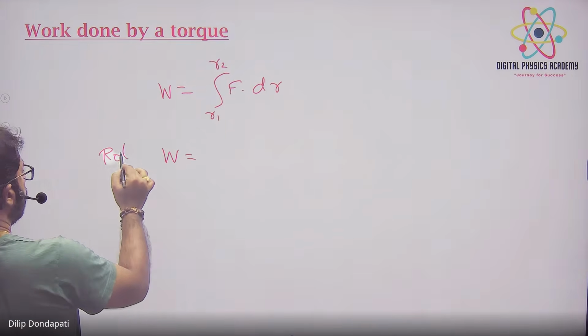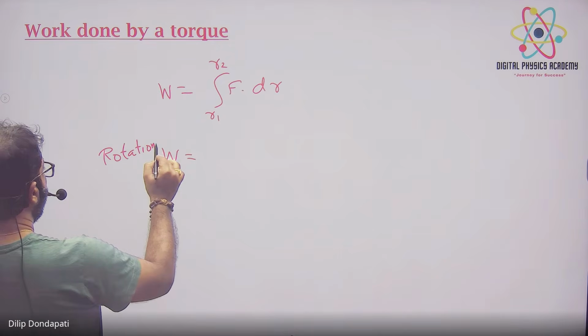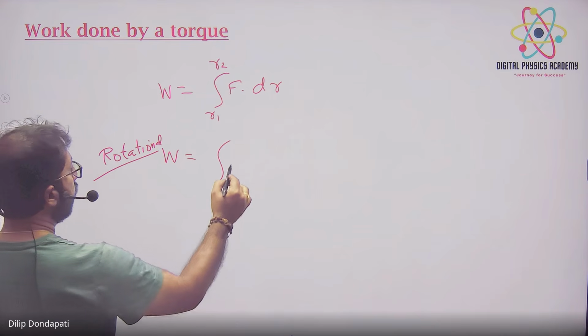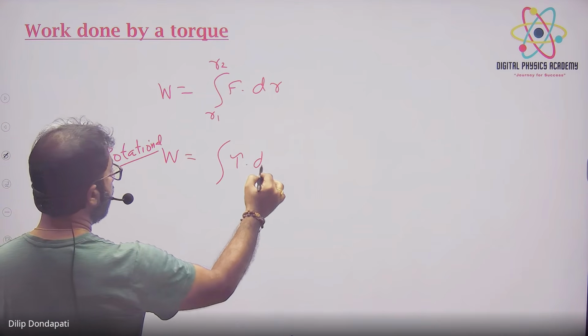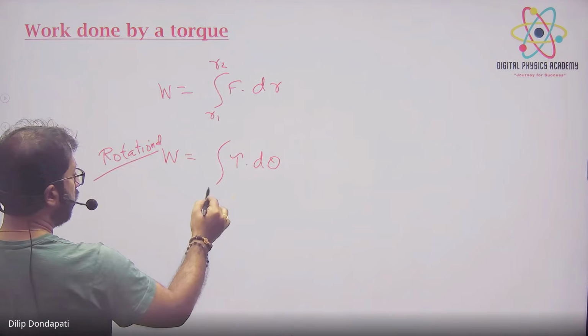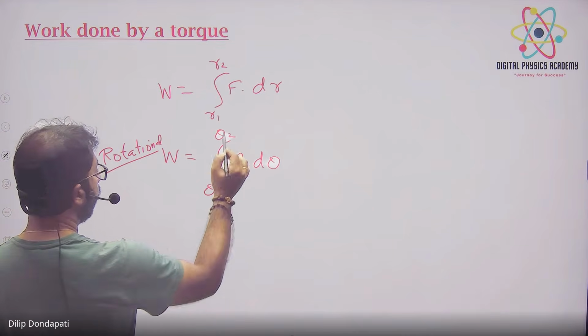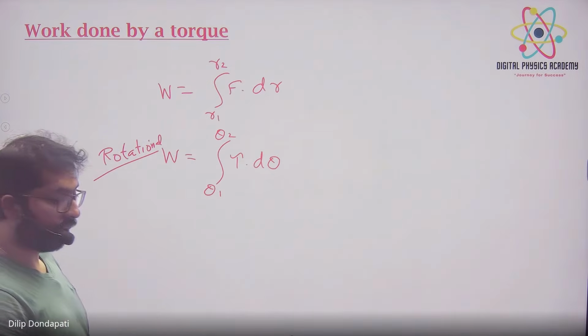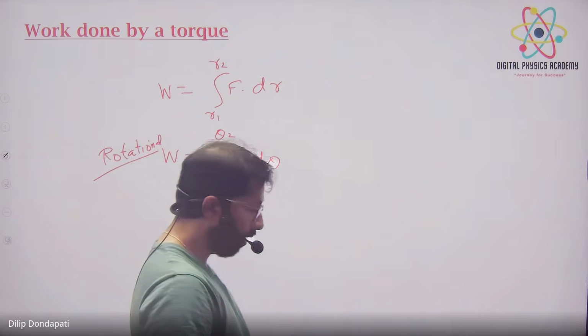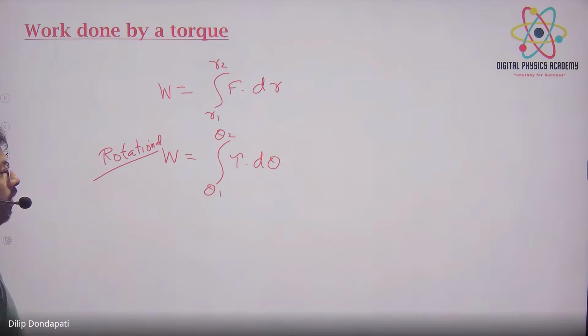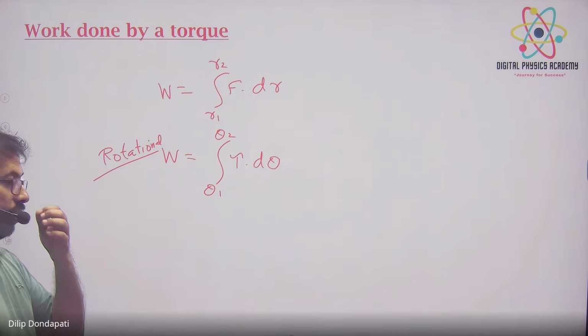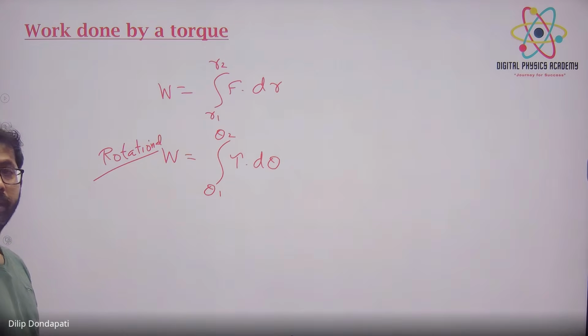No new formulas, same formulas. Torque into d theta. Tau dot d theta, right? So theta का displacement theta 1 to theta 2, tau dot d theta. So work done आ गया तो we can go for work energy theorem also.